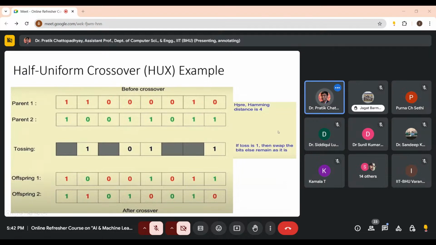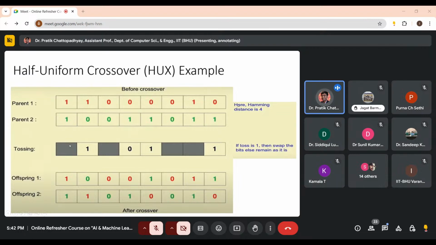The outcome is 1. Here we have defined the rule as if the toss is 1, then swap the bits, else remain as it is. So here the output is 1, so bits are swapped. Output is 0, bits are not swapped. Output is 1, bits are swapped. So we are reducing the number of tosses by checking this condition.